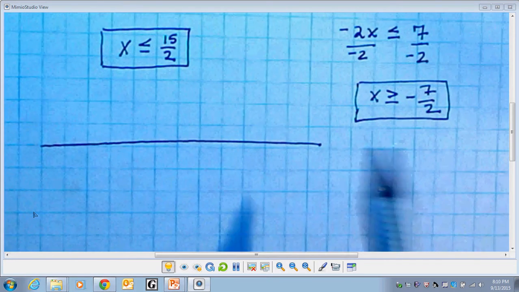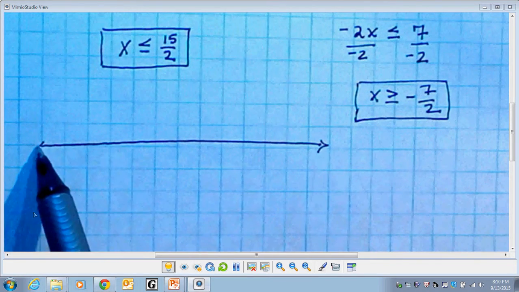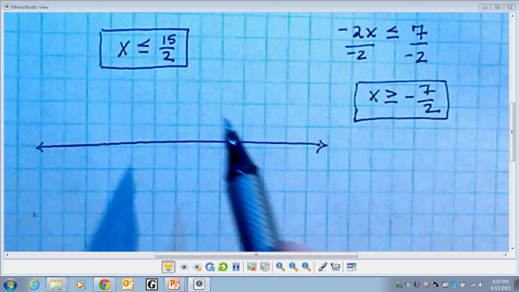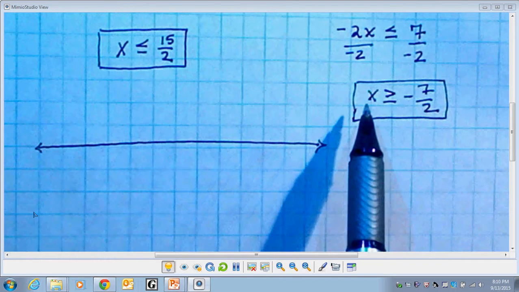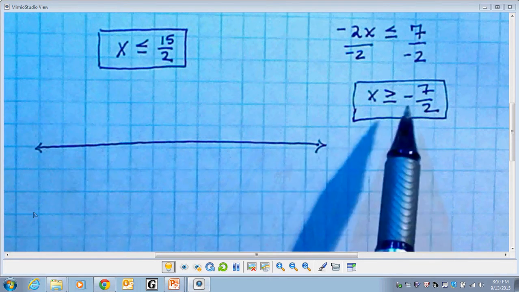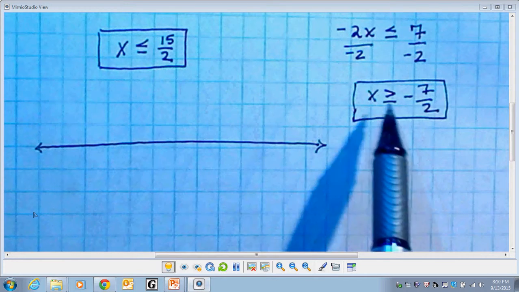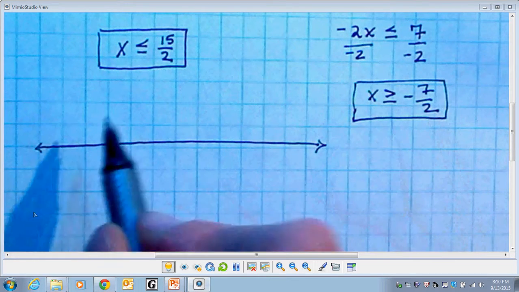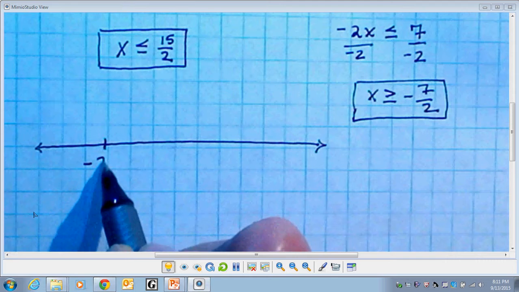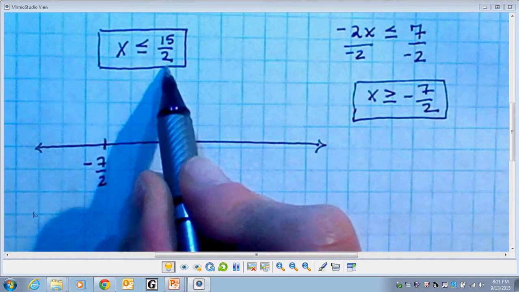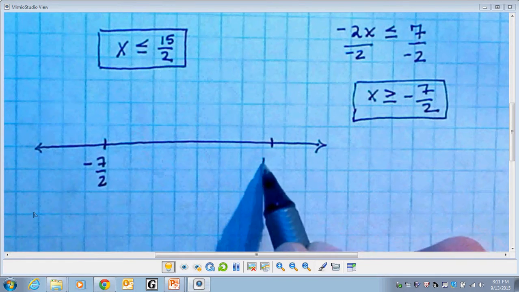So there is my graph. Remember, I have one variable, one line. I don't need to really worry about the exact values of this. I know this is negative, so the negative number is on the left. This is positive, so I know a positive number is on the right.